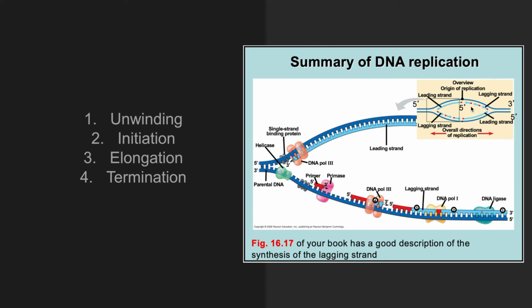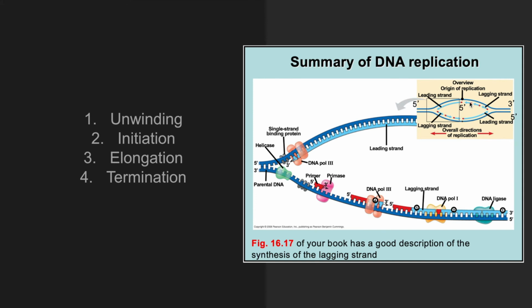So here you have the same enzyme causing elongation, right? But what's different here is that you have DNA polymerase 1 come and replace these primers, because you're going to have a lot more primers in your lagging strand, as you can see right here. Here you can do a continuous elongation, but here, since you're kind of working backwards, right, because this is the origin, you have to go like this, then like this, then like this.